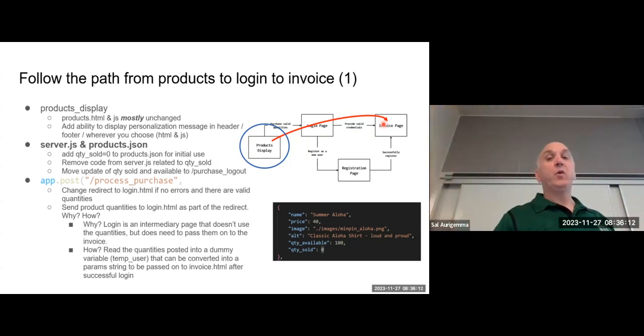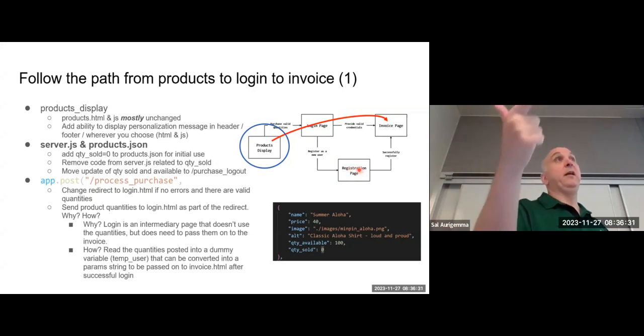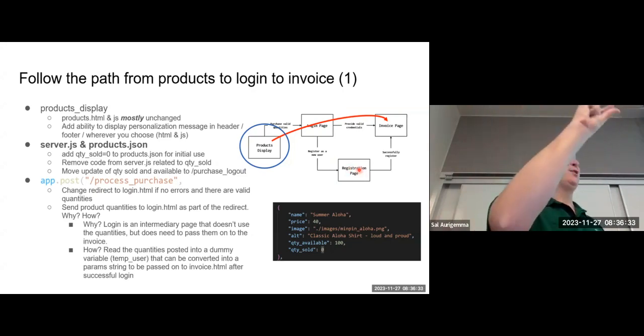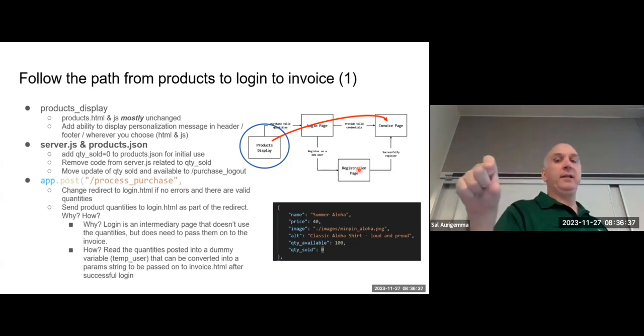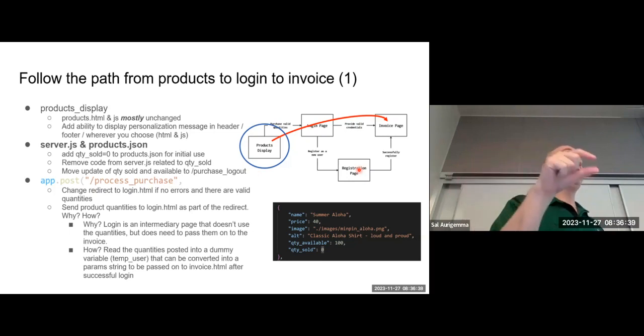Does that make sense? So we're going to work through path 1 here, product display, login to invoice page with the core functionality, but I'm not going to do a lot of validation stuff other than when you go to login, is the login correct? The registration page has a bunch of validation you have to do for name, email address, and matching. I'm only going to do the simplest one, but I guarantee you the validation stuff that's required in the registration page isn't hard.